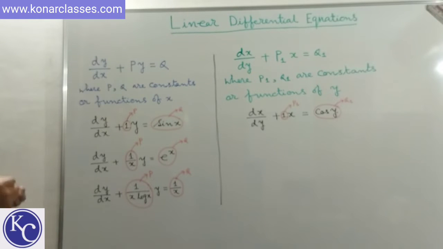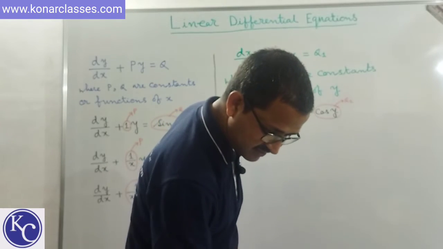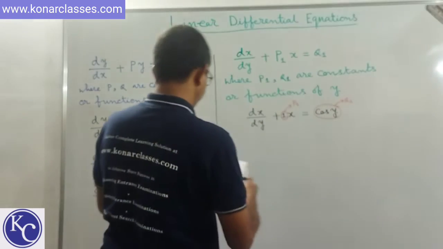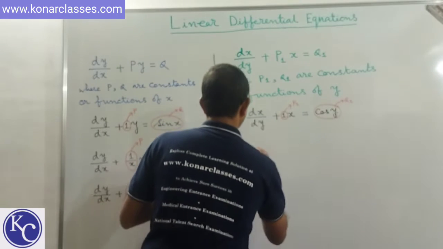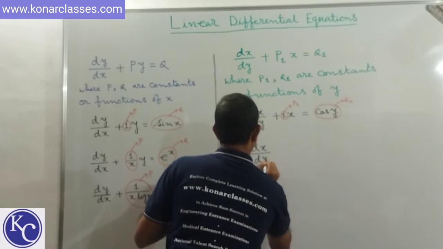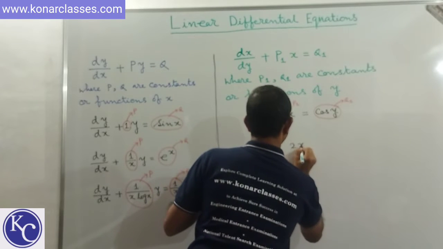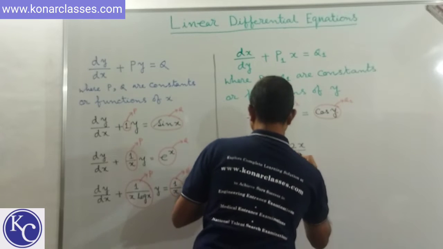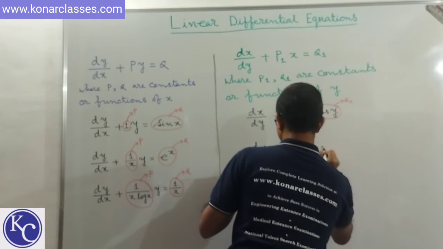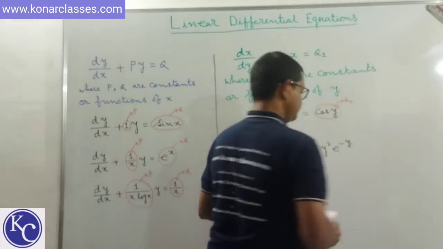Correct? In the similar manner, in this category, we can write differential equations something like this, dx/dy minus 2x by y is equal to y square e to the power minus y.